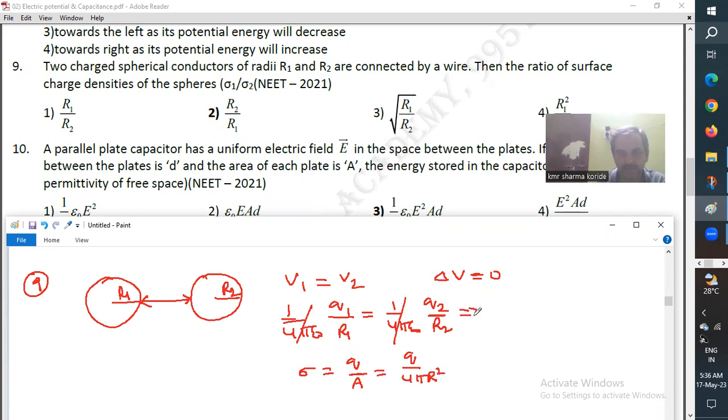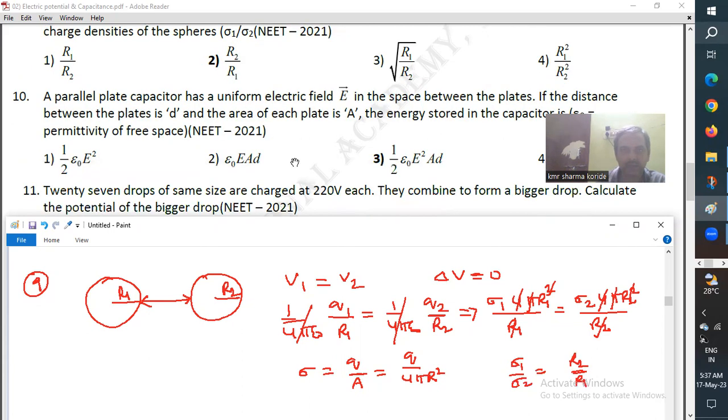Let us substitute: Q is replaced with sigma 1 into 4 pi R1 square, divided by R1, is equal to sigma 2 into 4 pi R2 square, divided by R2. One R from each gets cancelled, and 4 pi gets cancelled. Therefore sigma 1 by sigma 2 is equal to R2 by R1. So the second option is correct.